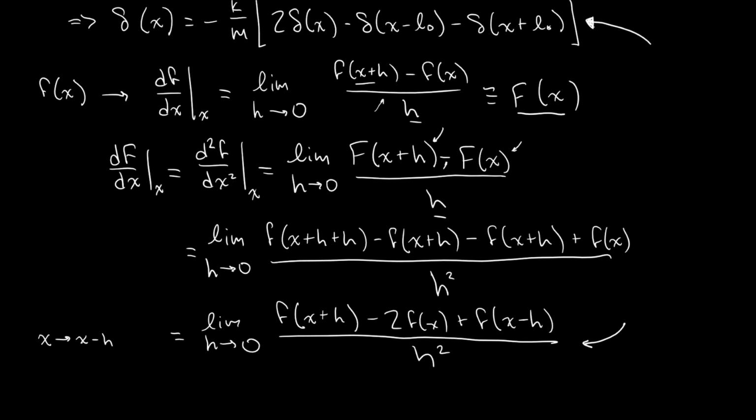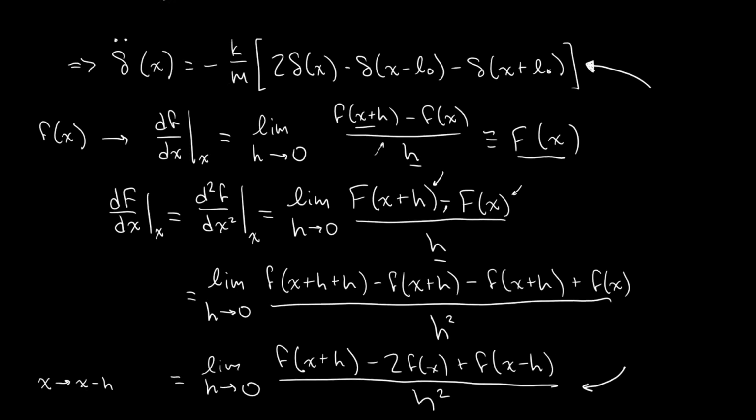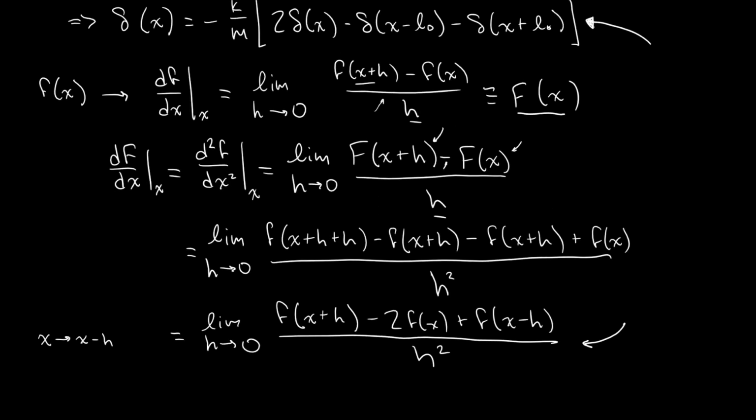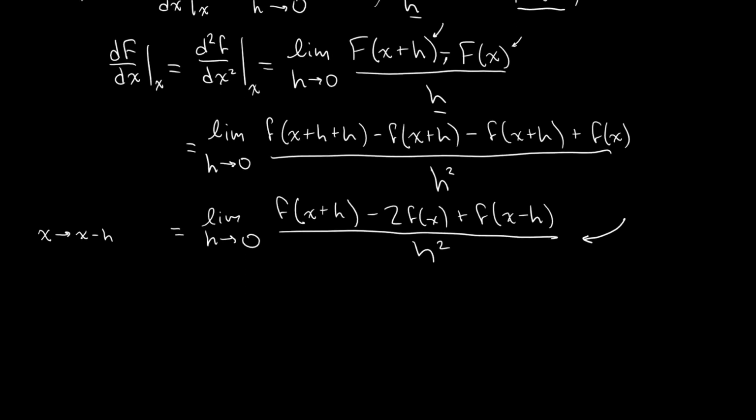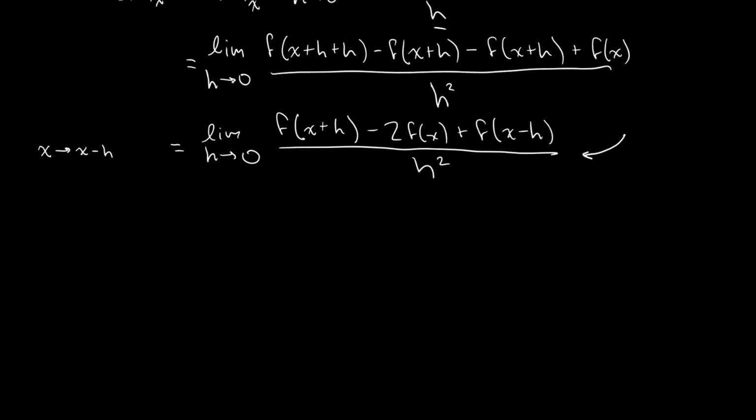All we need to do is to have an extra factor of L naught in the denominator. So let's just multiply this by a fancy factor of 1.